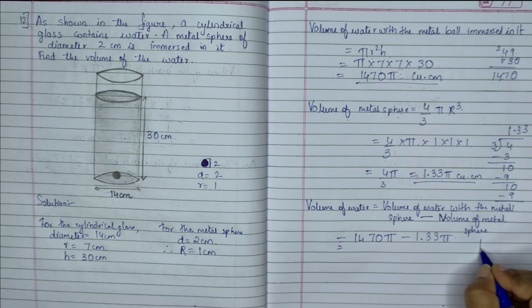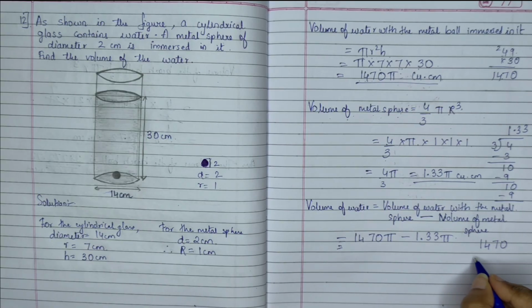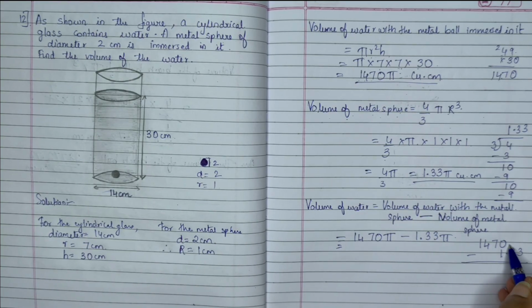Now we will subtract this: 1470 minus 1.33. Since there is a decimal point, put zeros on top.